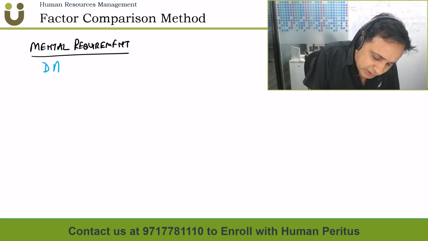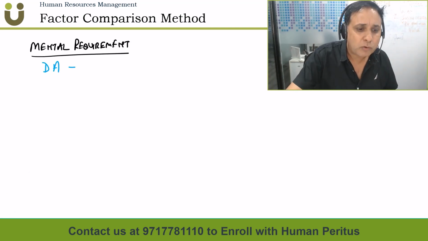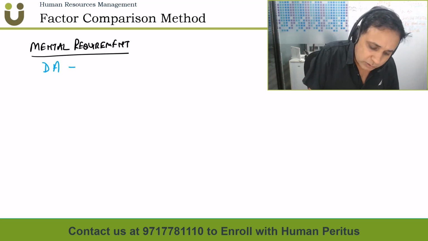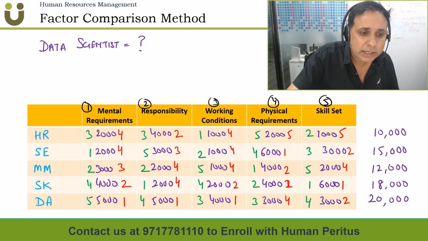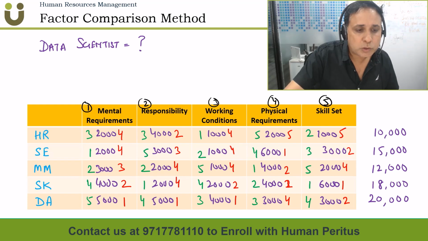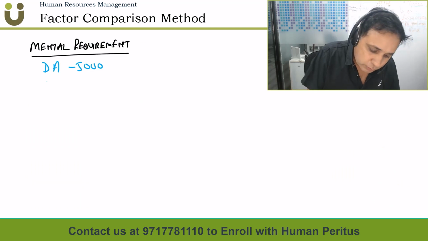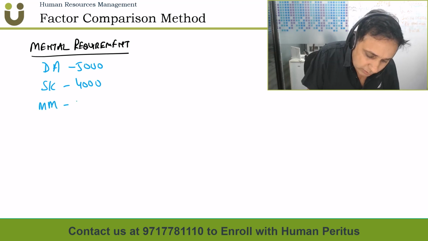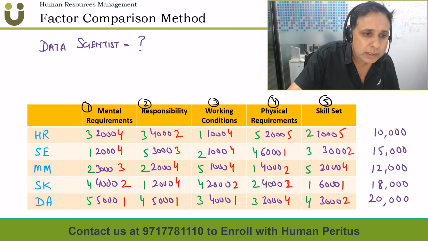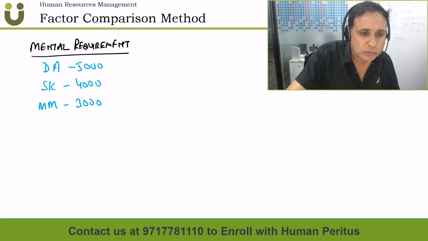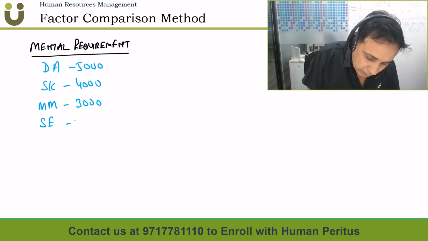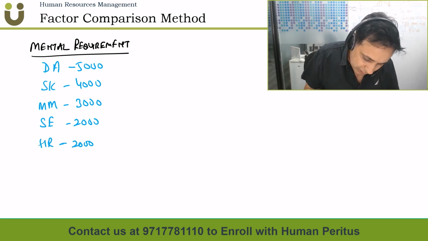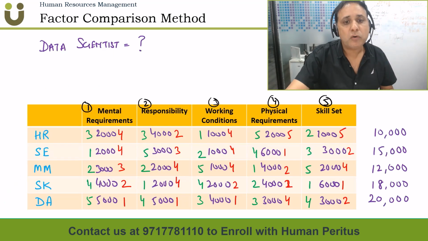For data analyst, the rank is 1, and the money is 5,000 rupees. Then storekeeper 4,000, and marketing manager 3,000, and then software engineer 2,000 and HR 2,000. Similarly, I do the same thing for responsibility.